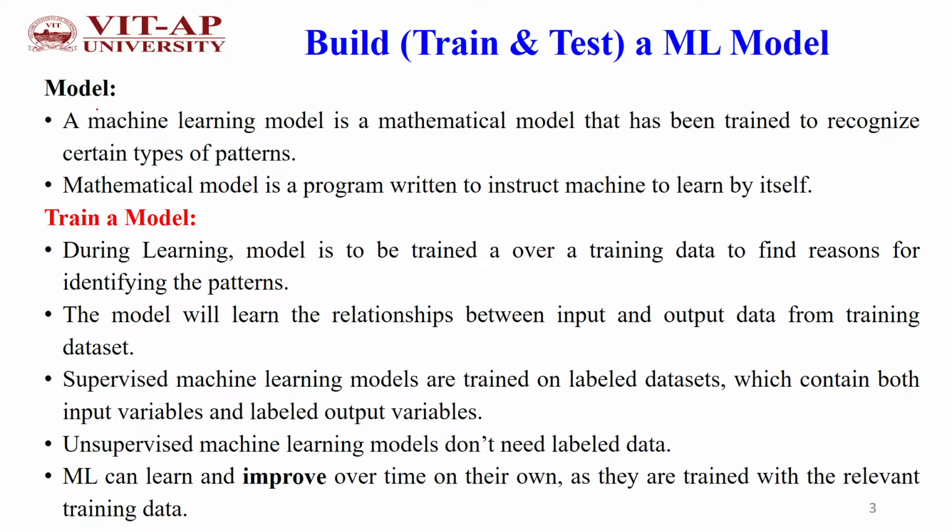First, what is the definition of a machine learning model? A machine learning model is a mathematical function which is trained to recognize certain types of patterns in the given input. The patterns are learned from the given input. For example, if you give an image as data, then this mathematical model will learn the image's edges, colors, and the inner pattern of this flower.